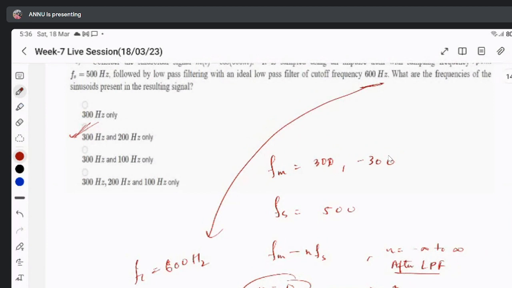To understand intuitively, see, the low pass cutoff frequency FC is 600, but you made it 300. When you say cutoff frequency is 600, that means all the frequencies in the signal should be less than 600.